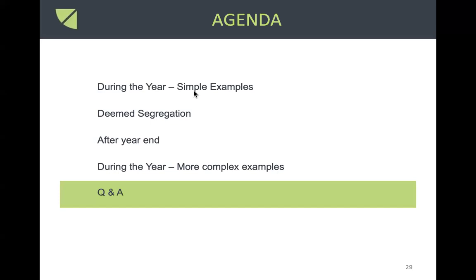Okay, so the current transfer balance cap is $1.9 million. And the way that the transfer balance cap works is if you start a pension now for $1.9 million, you have used 100% of your transfer balance cap. You cannot use any more, even if the balance goes up, because you have used 100%.